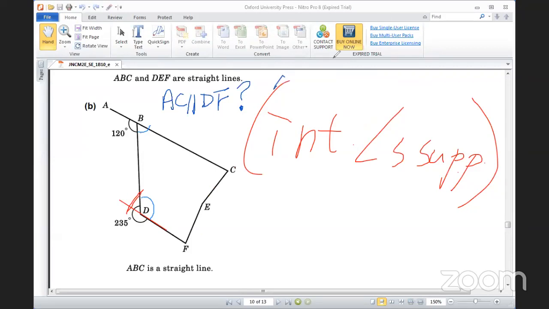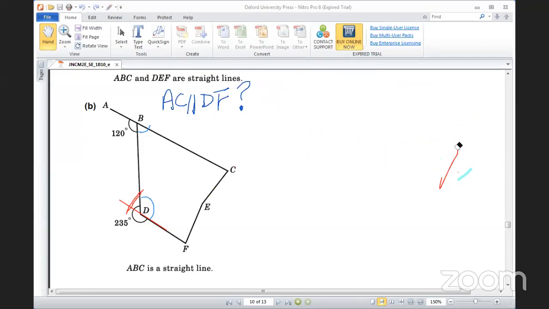Meet means if you have another line here, and if you extend so that there's an intersecting point here, then we say that it meets another line at a certain point, but not in this case.